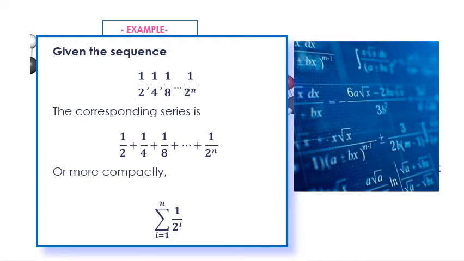And more compactly, para ma-illustrate mo siya into a series form, we are going to use the sigma notation. So, summation notation. So, 1 over 2 raised to the power of i, starting from i is equal to 1 up until the value of n. So, up to sa bisan ano nga value sang n.